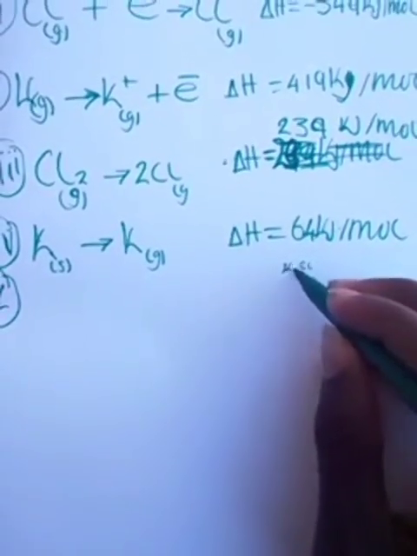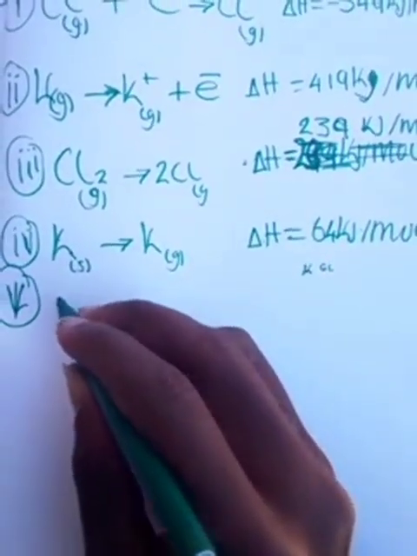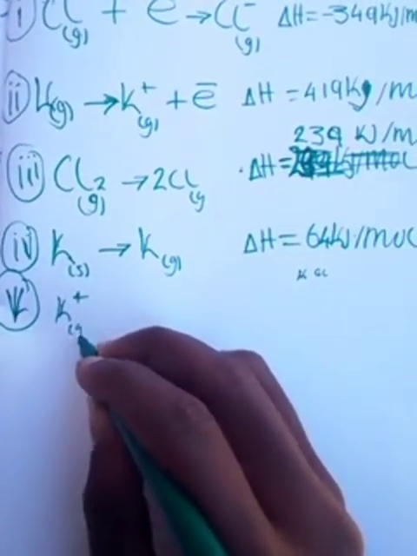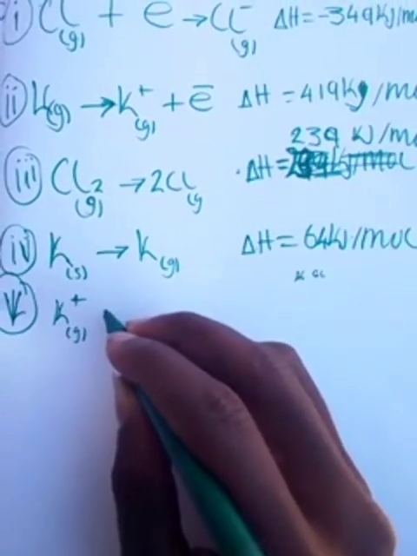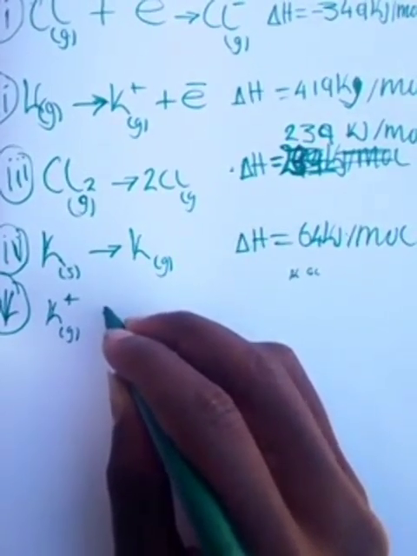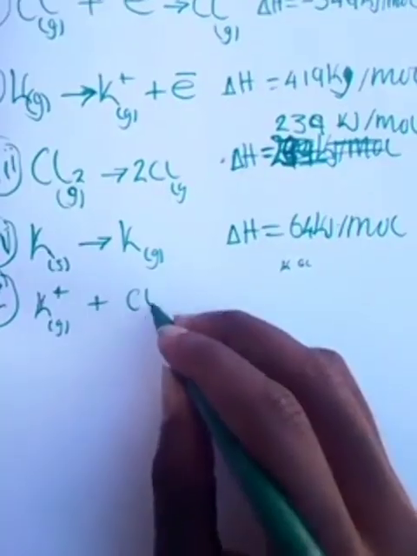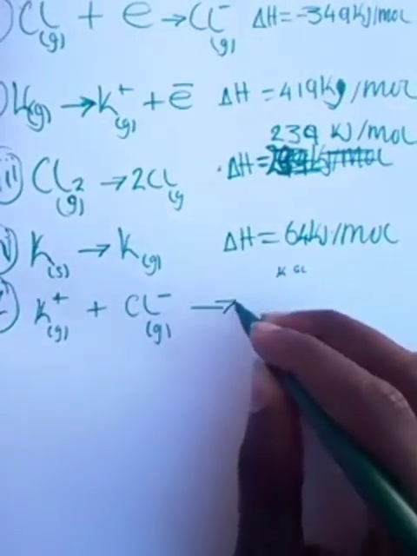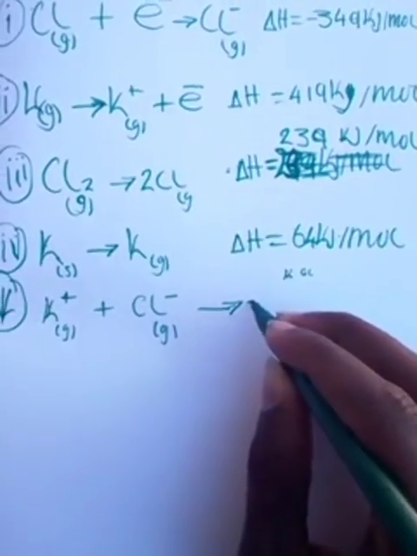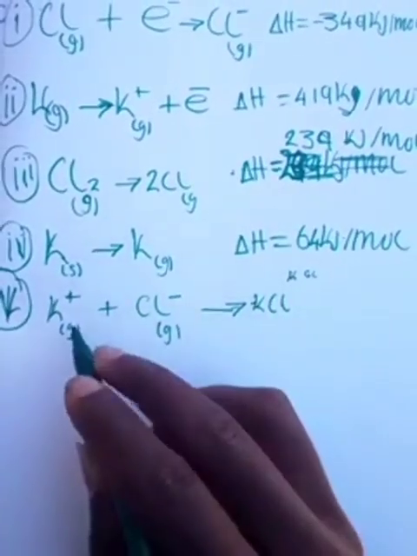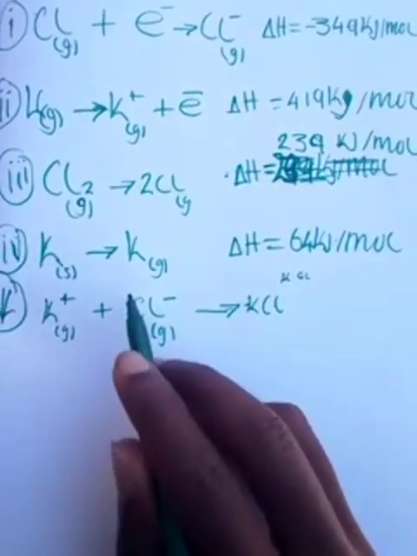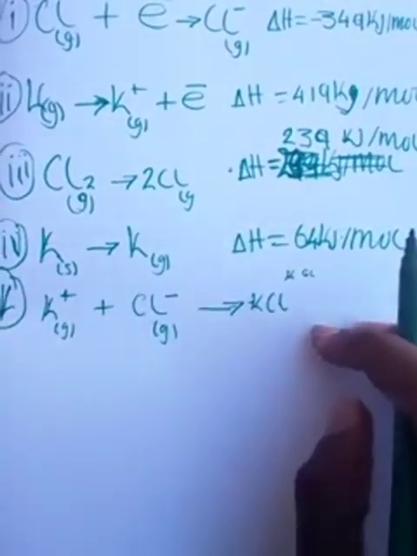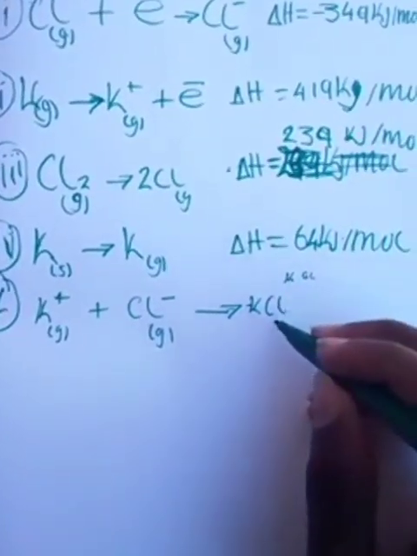Potassium, K and Cl, right? So the reactants are going to be K plus, which is a gas, plus Cl negative, which is also a gas, to form the ionic compound. So this is where we react the gaseous ions to form an ionic compound. Now the energy that is required is what is called the lattice energy.